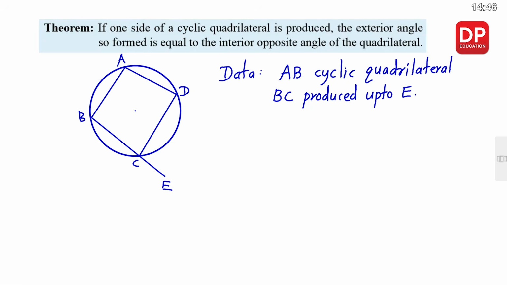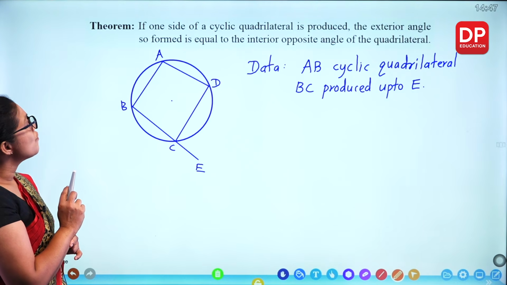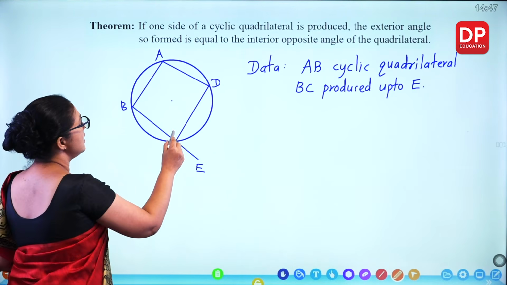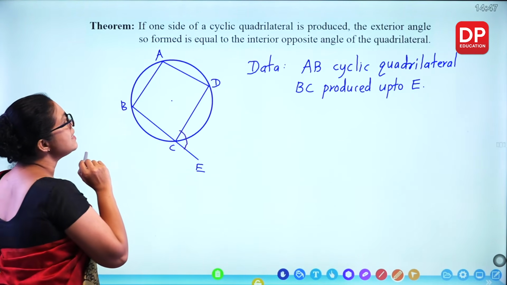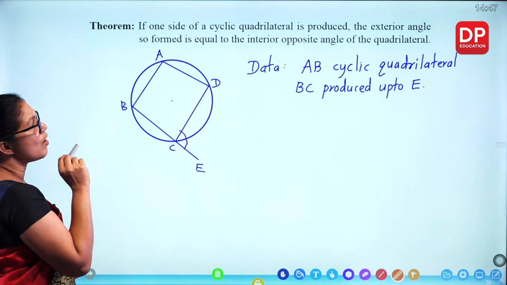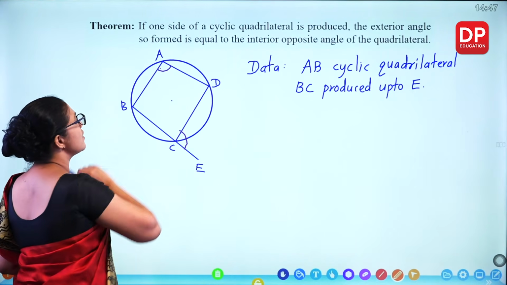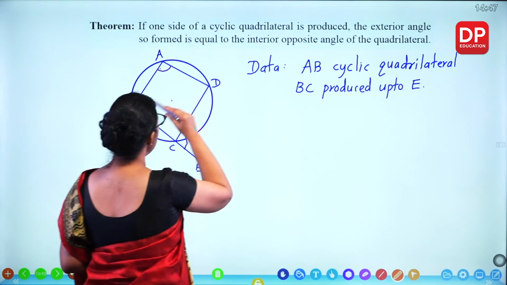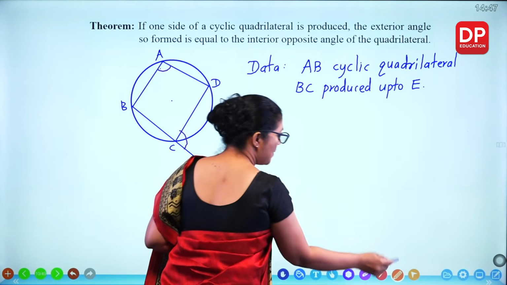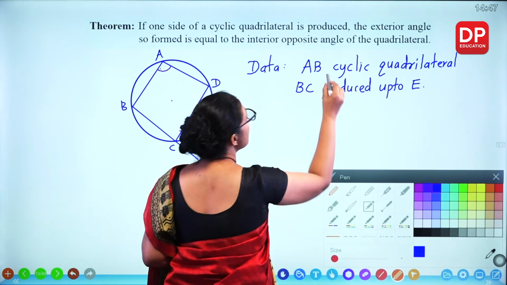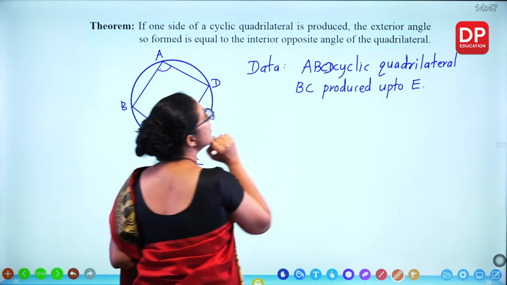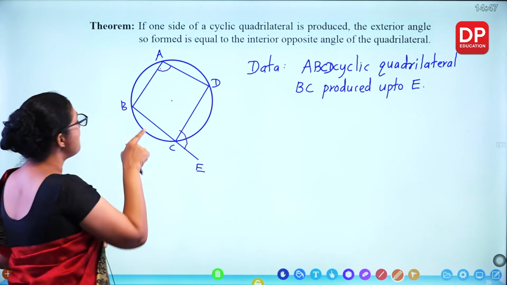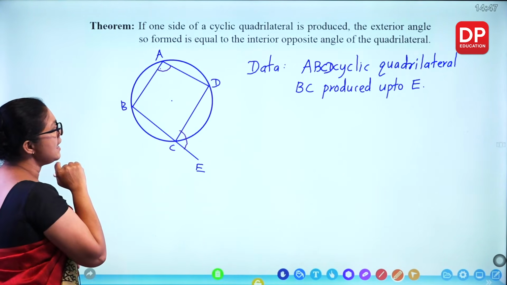If one side of a cyclic quadrilateral is produced, the exterior angle formed is equal to the interior opposite angle of the quadrilateral. So here, ABCD is a cyclic quadrilateral, BC produced up to E.